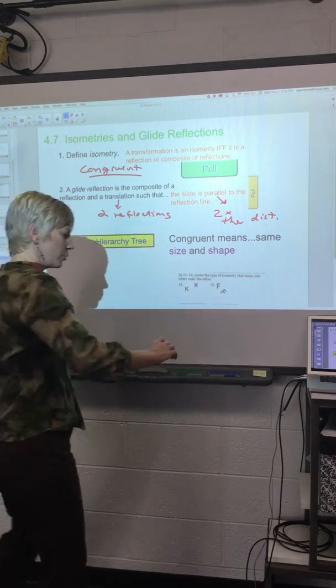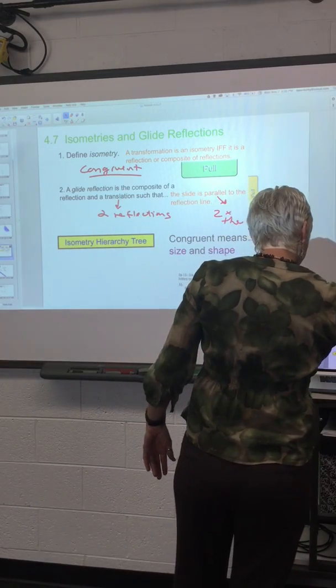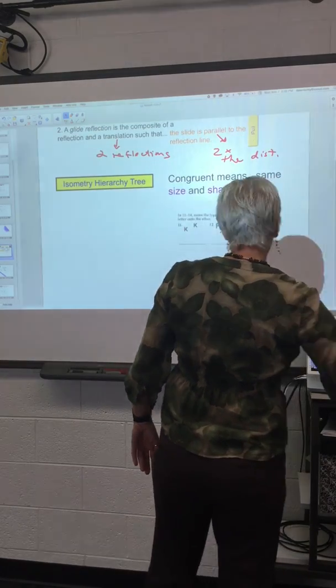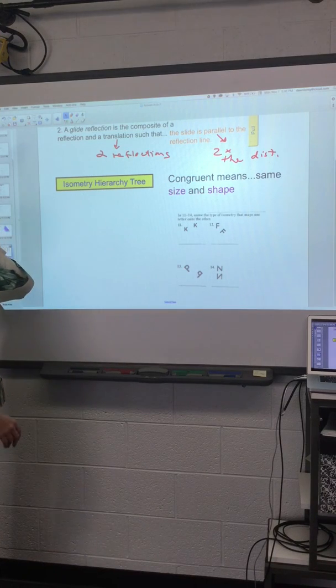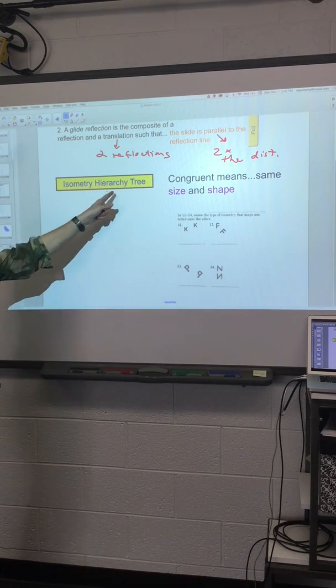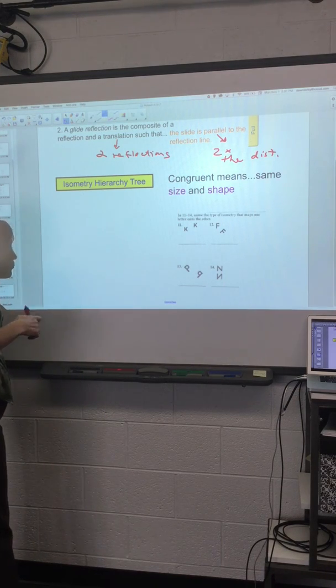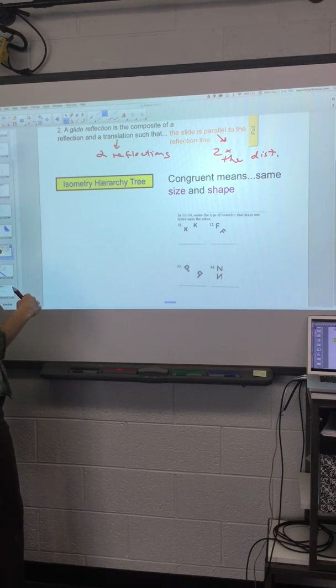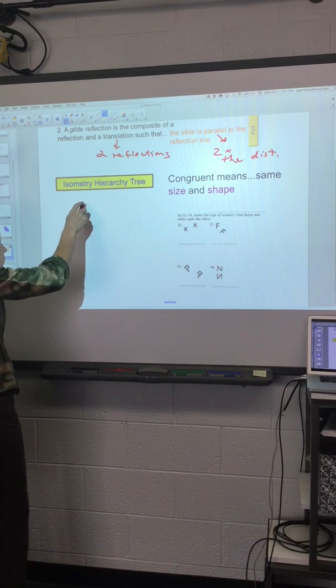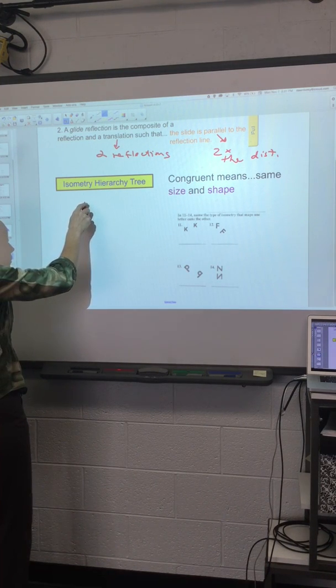And then that leads us to a little summary of all of our reflections. The isometry hierarchy tree, so again, putting things in some sort of graph or tree to give us a diagram of what it would look like.